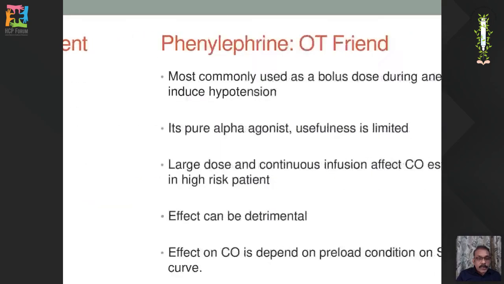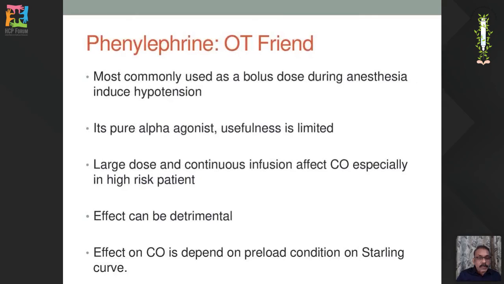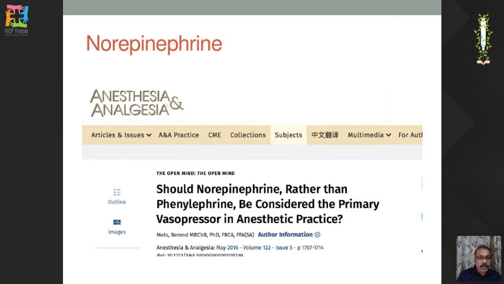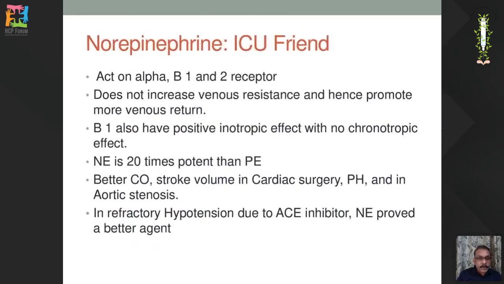But what we found is that continuous phenylephrine is a pure alpha agonist, and it might affect cardiac output adversely. In a critical care trial it was found that it might be detrimental because it increases the venous resistance, so it does not help in increasing the cardiac output. So should norepinephrine rather than phenylephrine be considered as the primary vasopressor in anesthesia practice? What he said is that phenylephrine is mostly ICU friendly, because preparation and titration are difficult. Norepinephrine is easy.